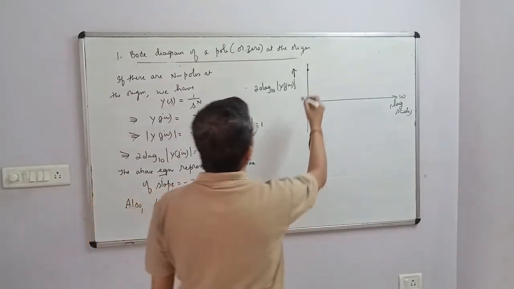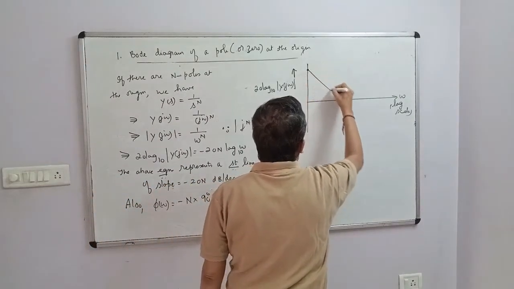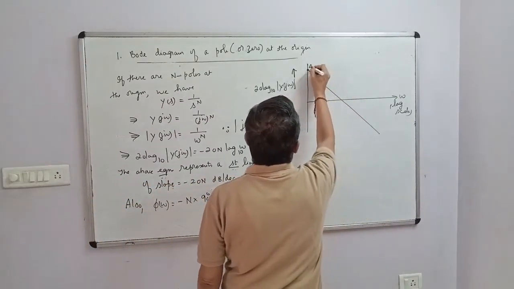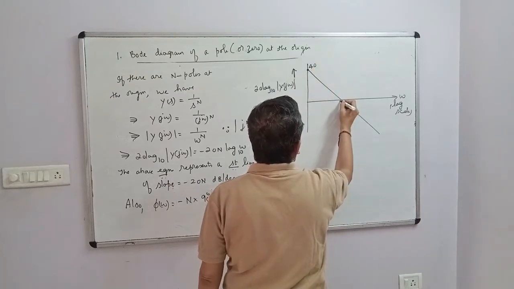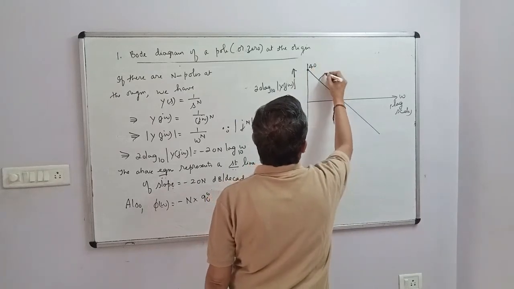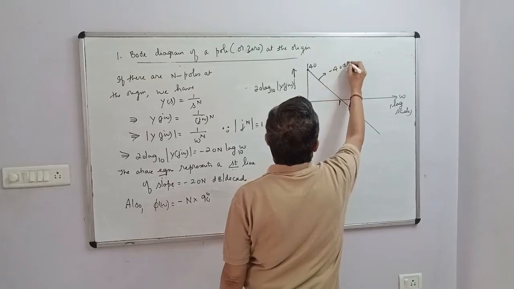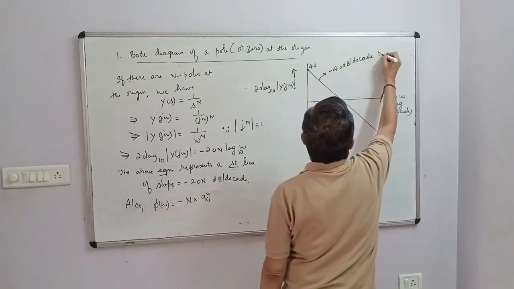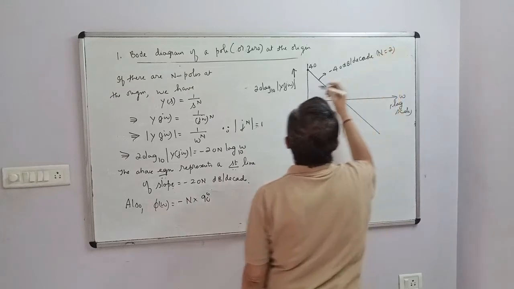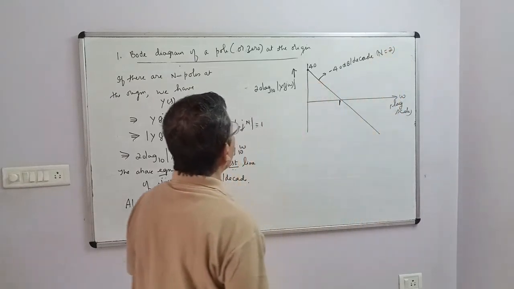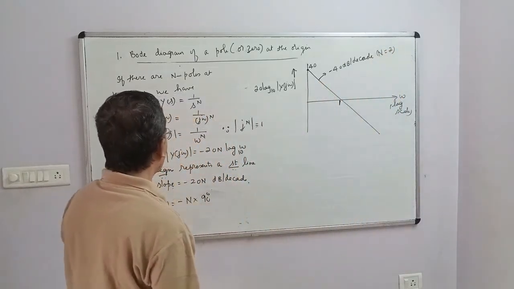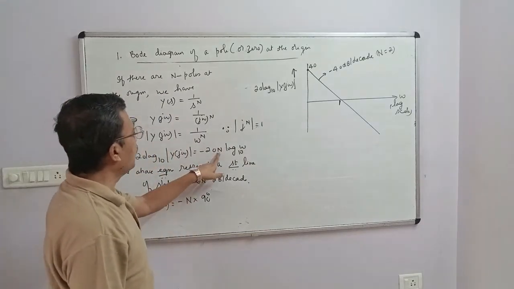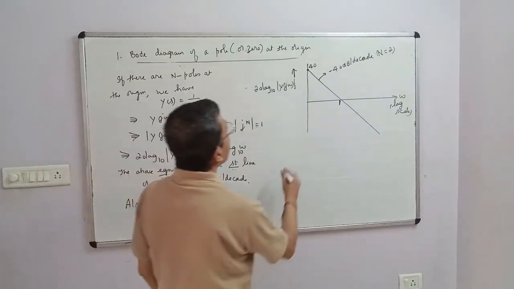N equal to 2 means this is 40, and this is omega equal to 1. The slope of this line is minus 40 decibels per decade. This is drawn for n equal to 2. When n is 2, minus 20 into 2 is minus 40.